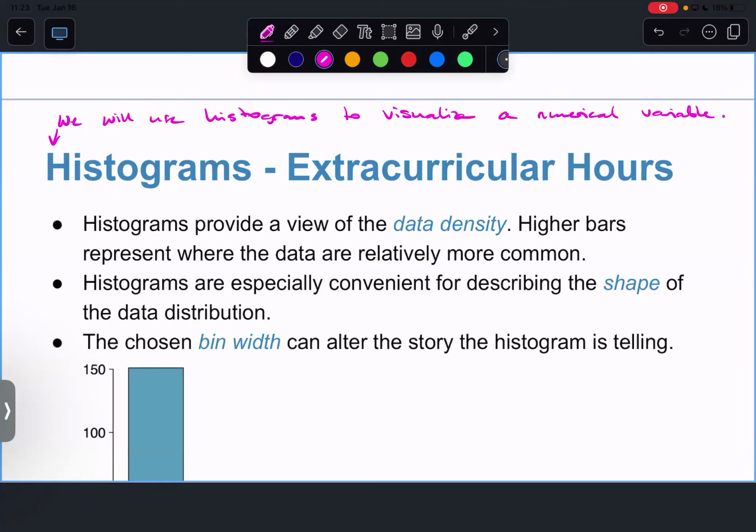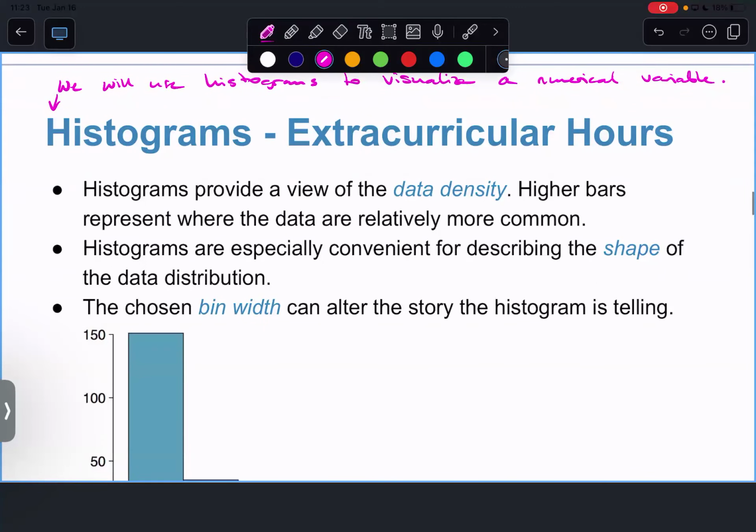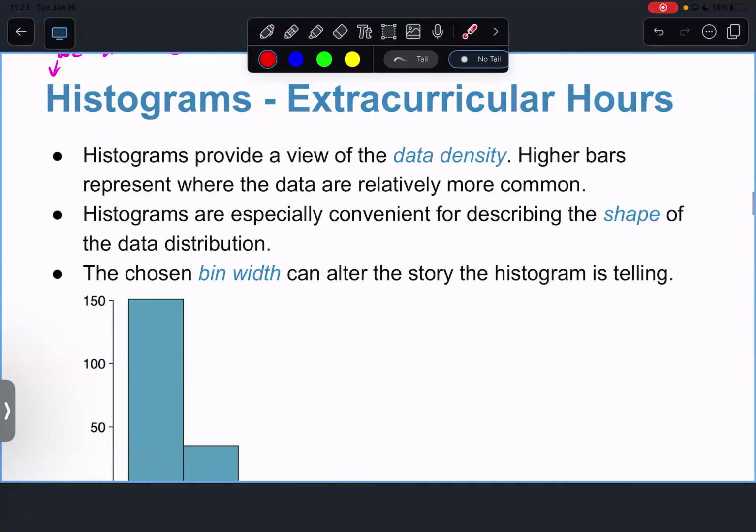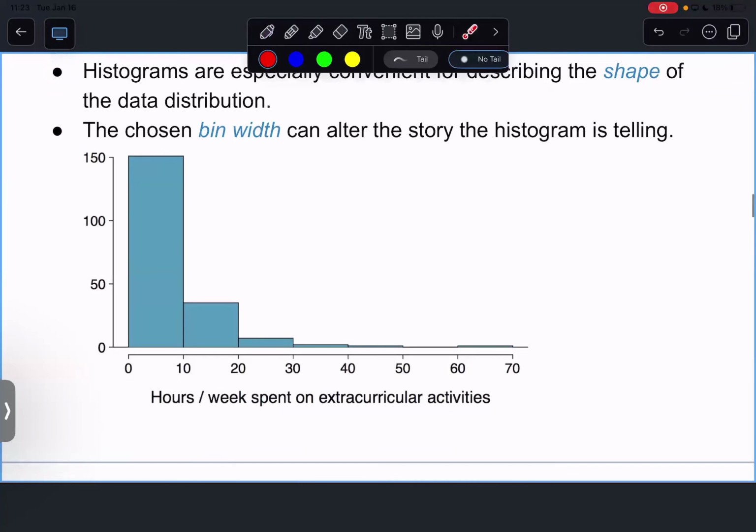The idea with histograms is we're trying to visualize the distribution of the data. This data set is the hours per week spent on extracurricular activities, and that's our numerical variable. Now our goal is to try to visualize and describe this distribution.